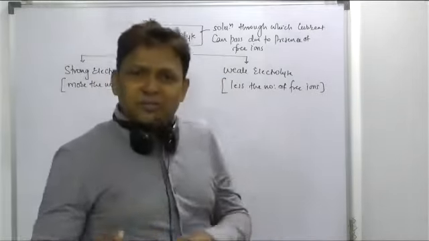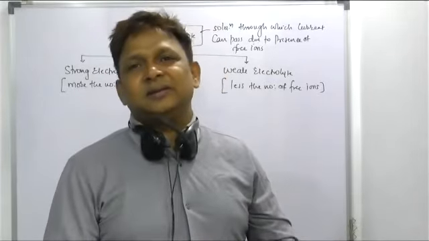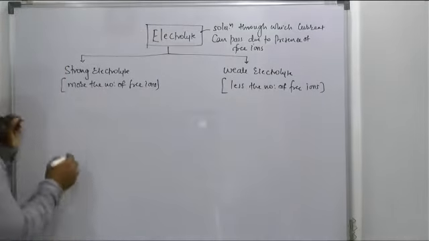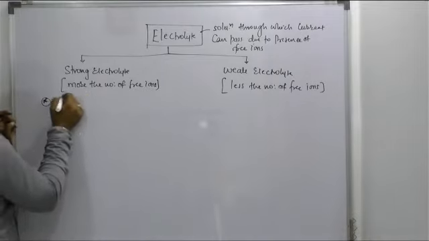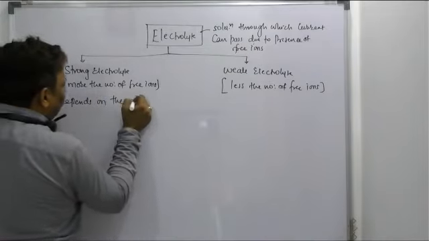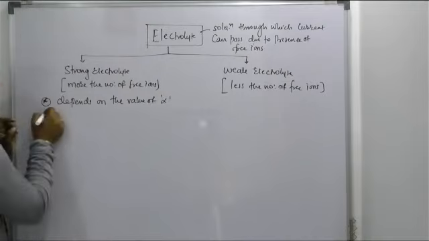More current means more free ions. Less current means fewer free ions. That means it depends on what, beta? It will depend on the value of alpha. What is alpha, sir?